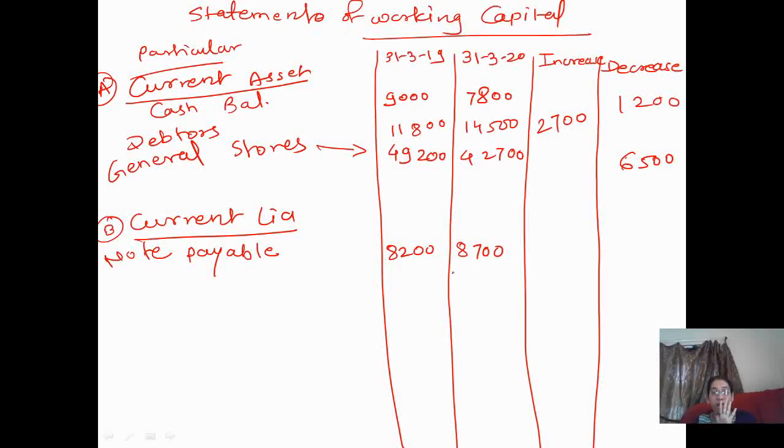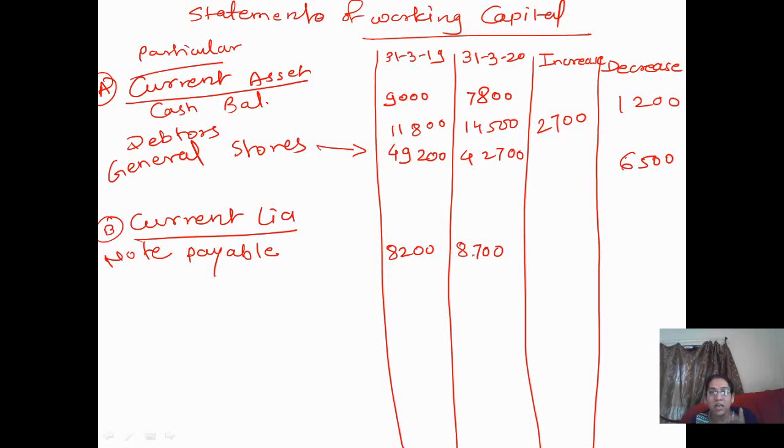The difference is 500. But it is reverse to the current asset. All the current liability means what? Current liability increase, working capital decrease. Reverse side, current liability decrease, working capital increase. Okay, so here 8,200 and 8,700, difference value is 500.